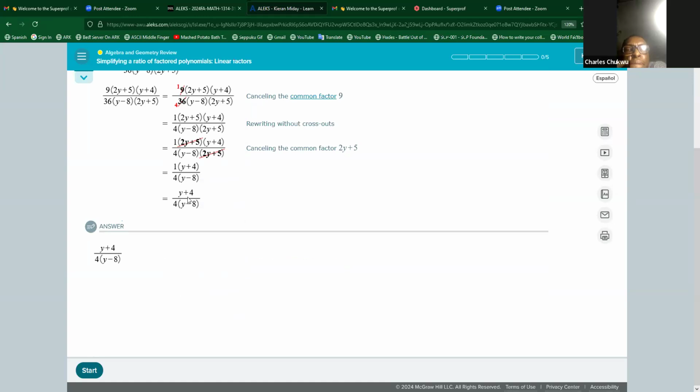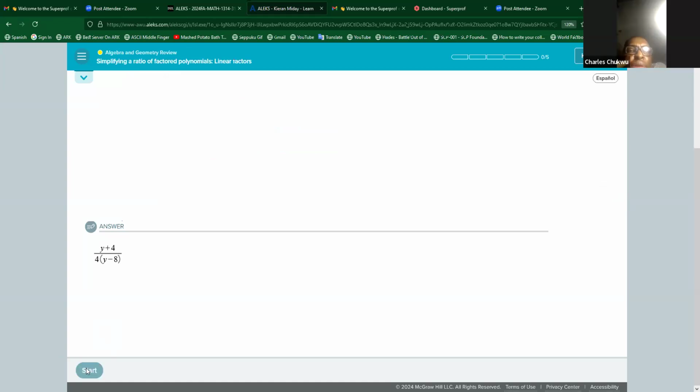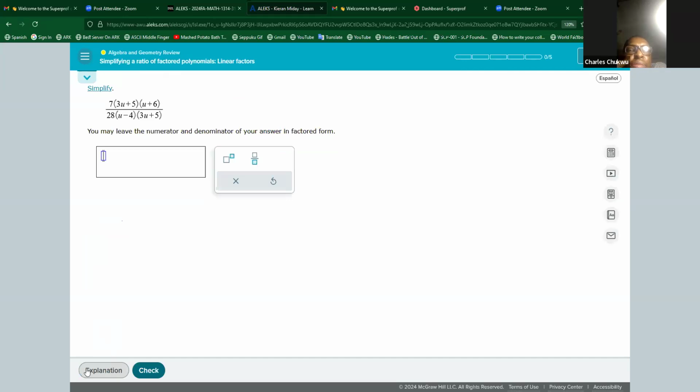Then you don't touch this one because it's the denominator. And they're not similar: you have y plus 4 on top and y minus 8 beneath, so they're not the same, because of positive and negative. Exactly.